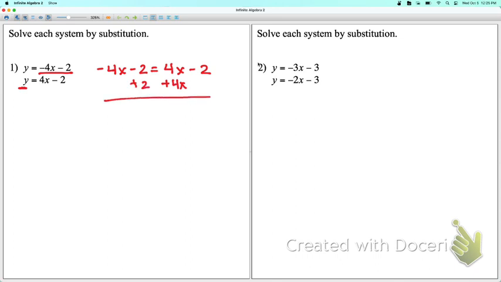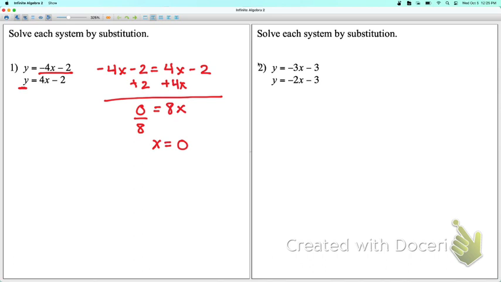I get 0 equals 8x. So now I divide by 8 and x is 0. But I don't get 0 equals 0. If I got 0 equals 0, what's my solution? Infinitely many. Okay, so now that I have x, I substitute it back in.